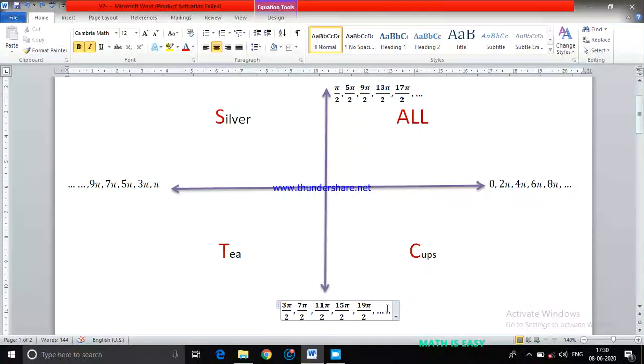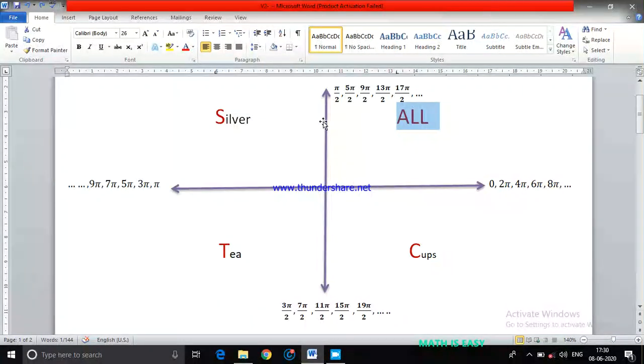Okay. Now, next thing is, here you see "all silver tea cups". So what do you mean by "all" here is, in the first quadrant, each and every trigonometric value will take a positive value. In the first quadrant means from 0 to 90.